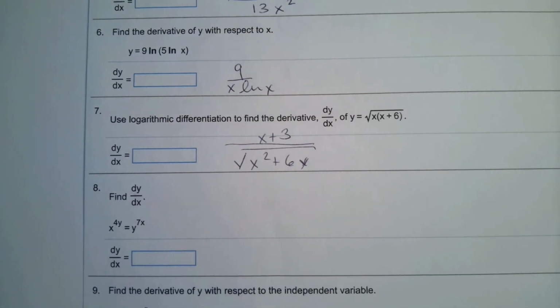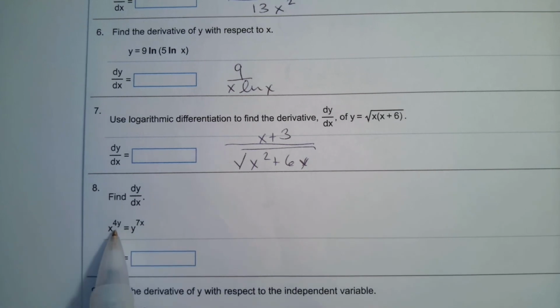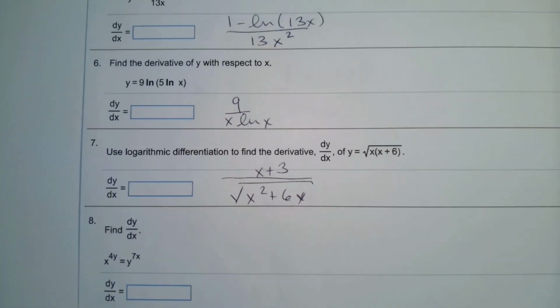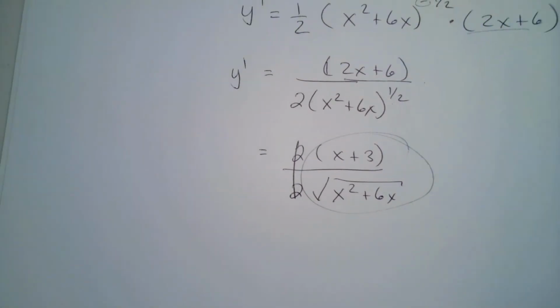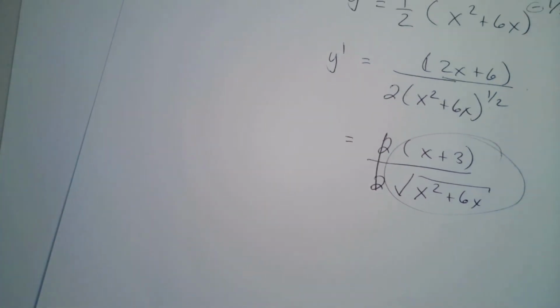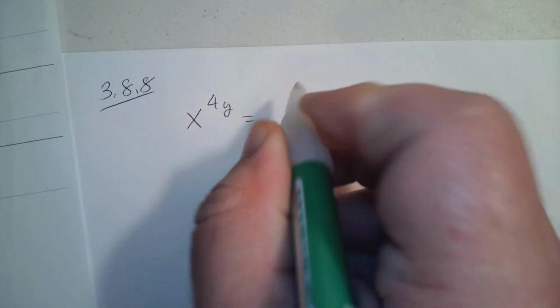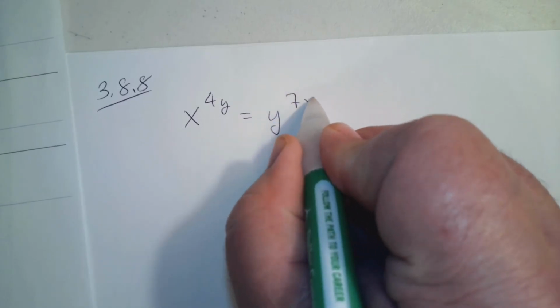Number 8. We have some implicit differentiation here with exponents. Okay, I need some more room here. All right, number 8. 3, 8, 8. Was it 8? Yes. It says x to the 4y power equals y to the 7x power.